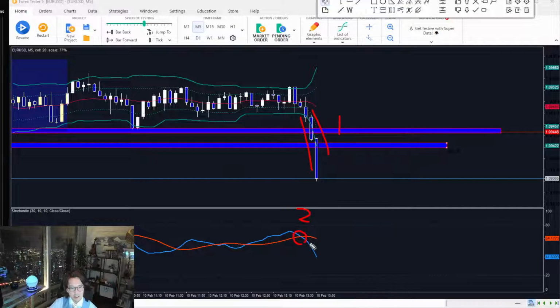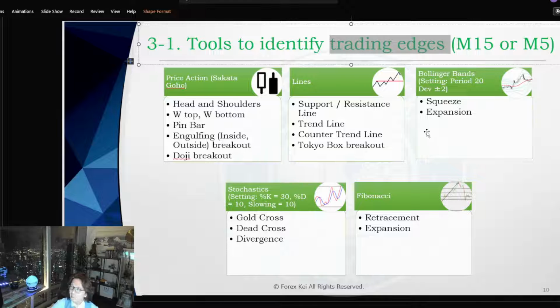Just because it's dead crossing, I don't enter trade because it may be fake. Just because band walking, I don't enter trade because band walking itself may be fake too. But if I combine 3, then it becomes less fake. So that's why I look for 3 entry confirmations based on the list of these entry edges.